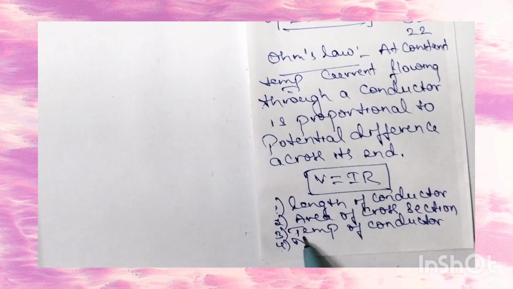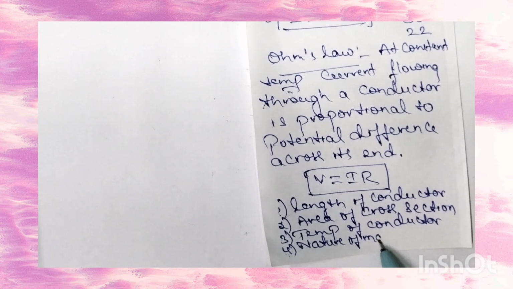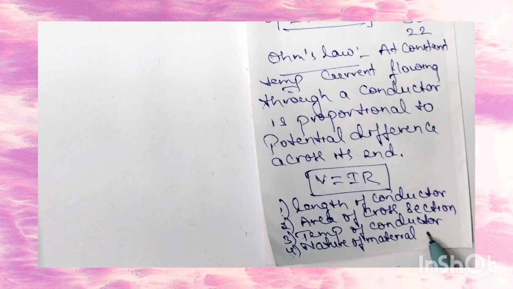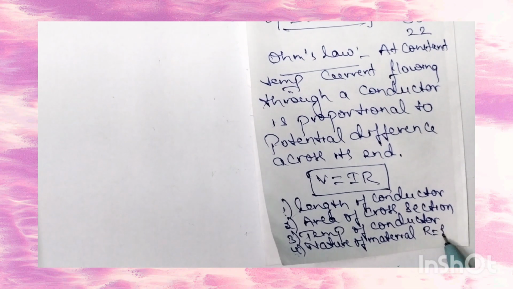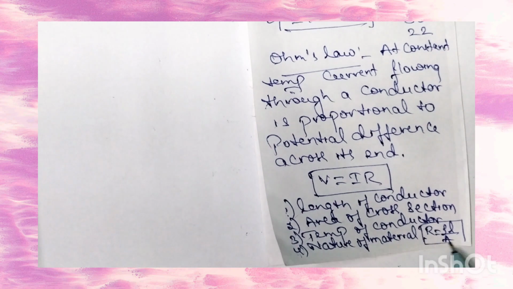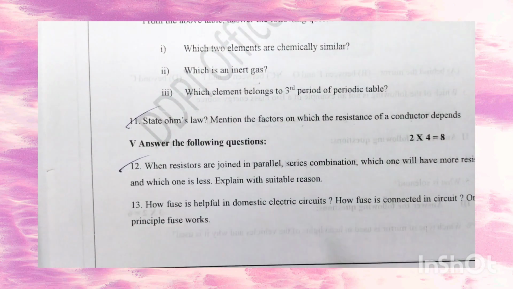And the fourth one, it depends upon the nature of the material. According to this, R is equal to rho L divided by A. So this is the answer for the 11th question. Now let us move to the 12th question.